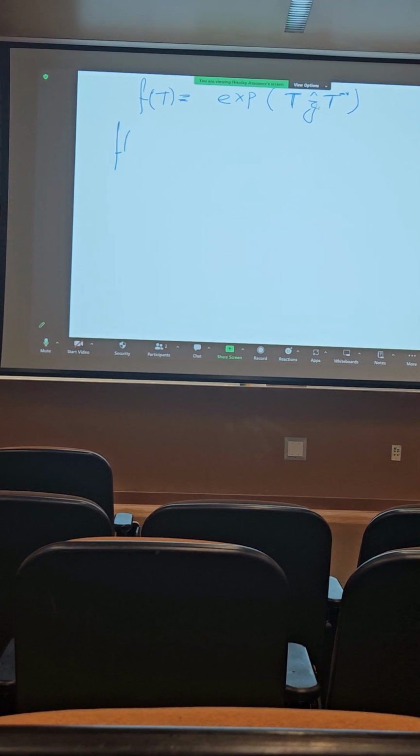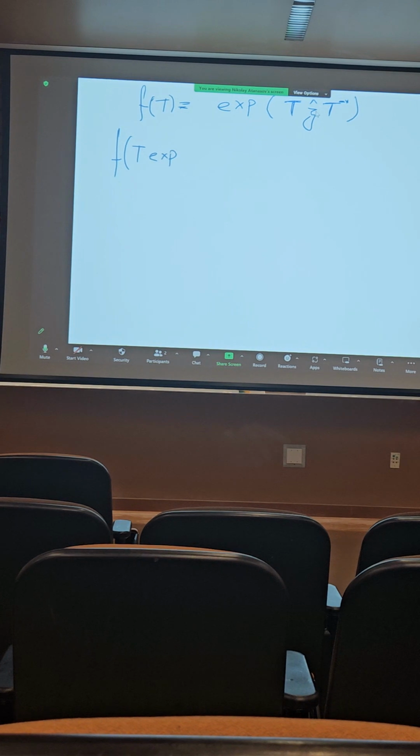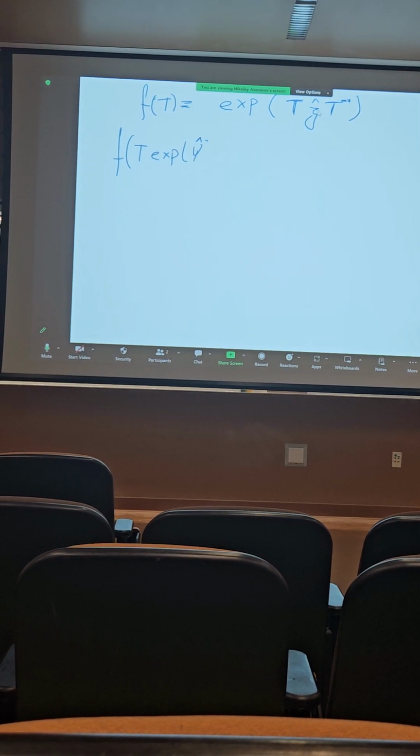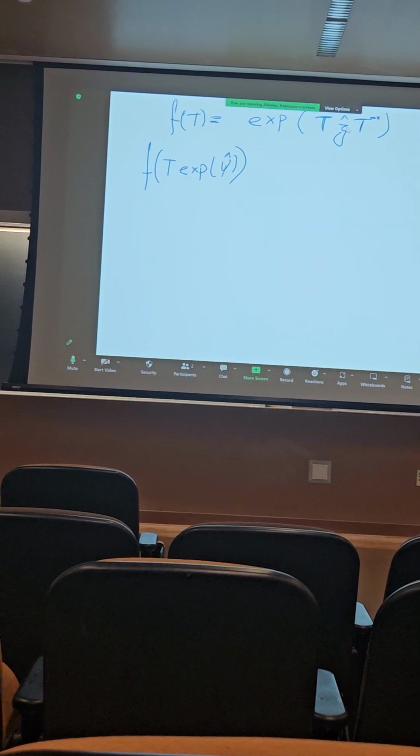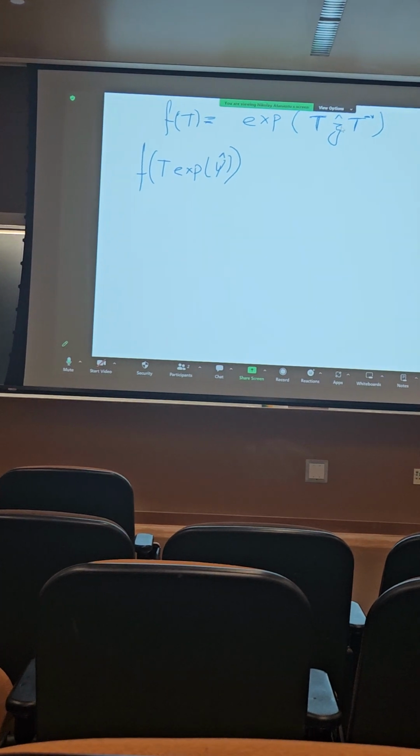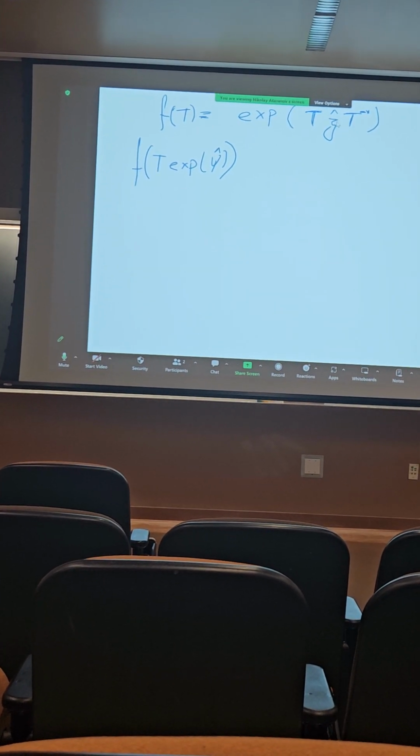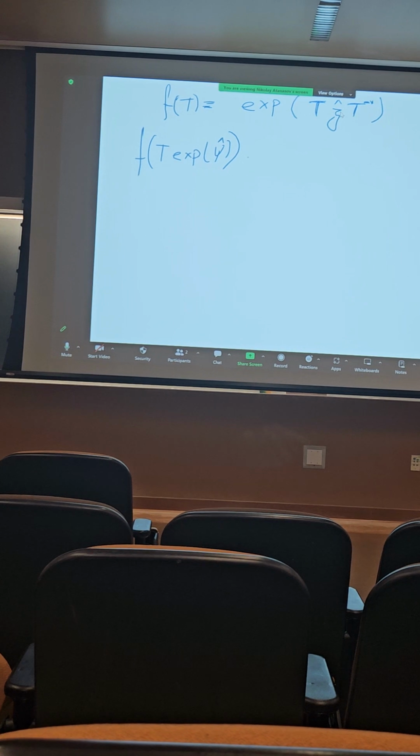F of t exponential psi. Yeah, the approach is the same. We should now remember that psi has a slightly different meaning, right? Now it's a 6-dimensional thing, so we're working with poses, and the hat map is the one for 6-dimensional, but the approach is the same. So we would plug in, right?